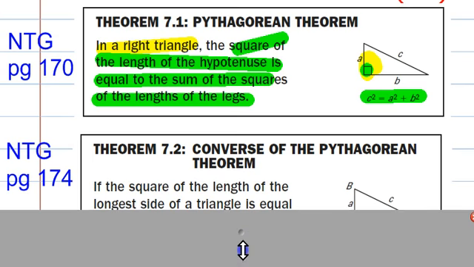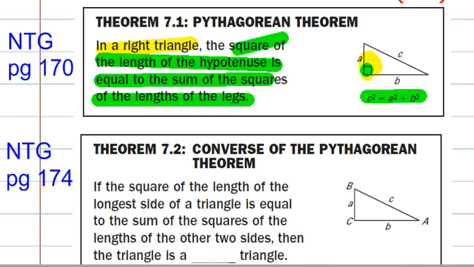So what the converse says is if you have the square of the length of the longest side of a triangle equal to the sum of the squares of the lengths of the two other sides, then you can say for the conclusion that the triangle is a what type of triangle? A right triangle.